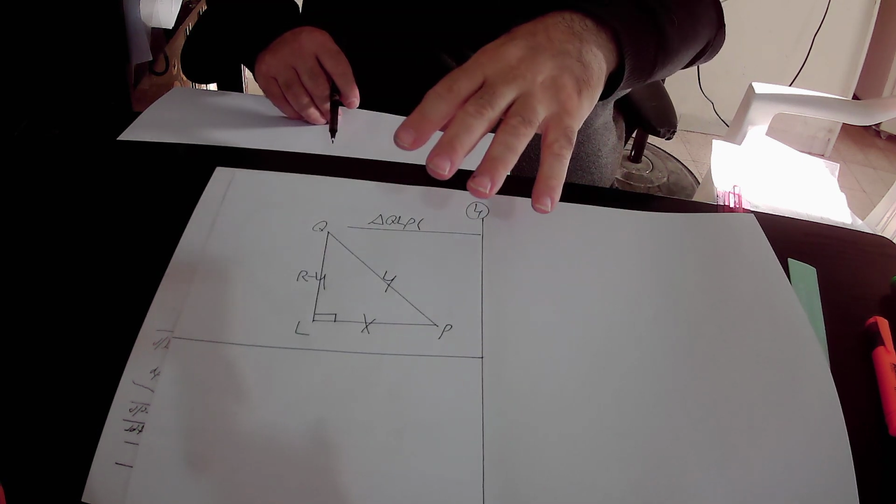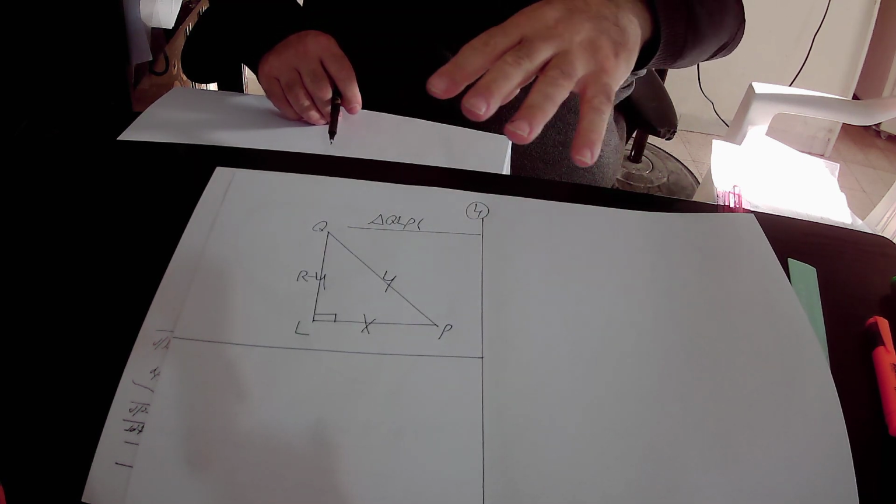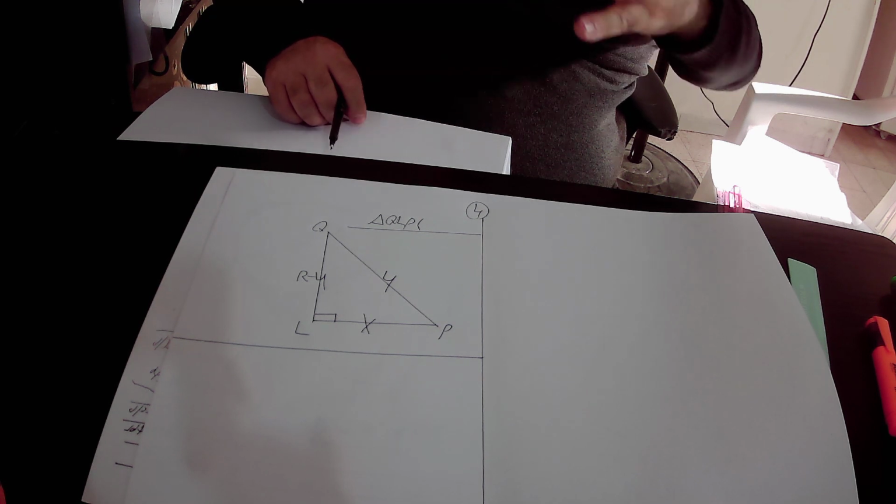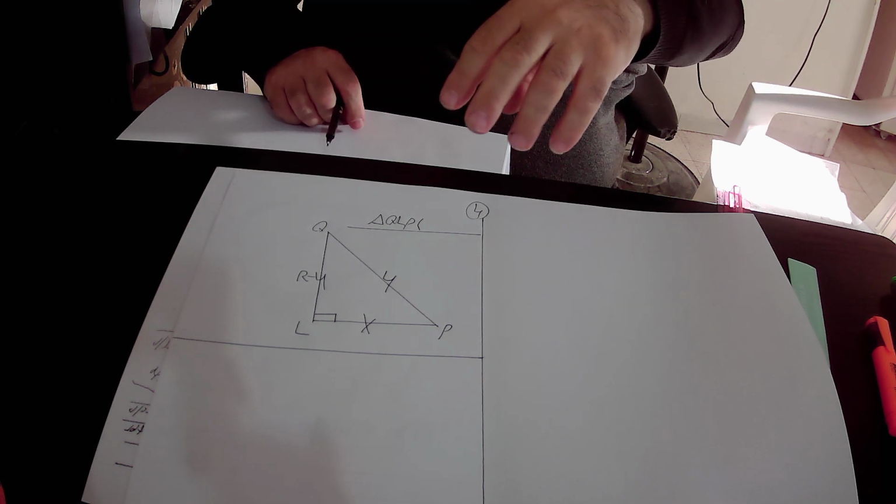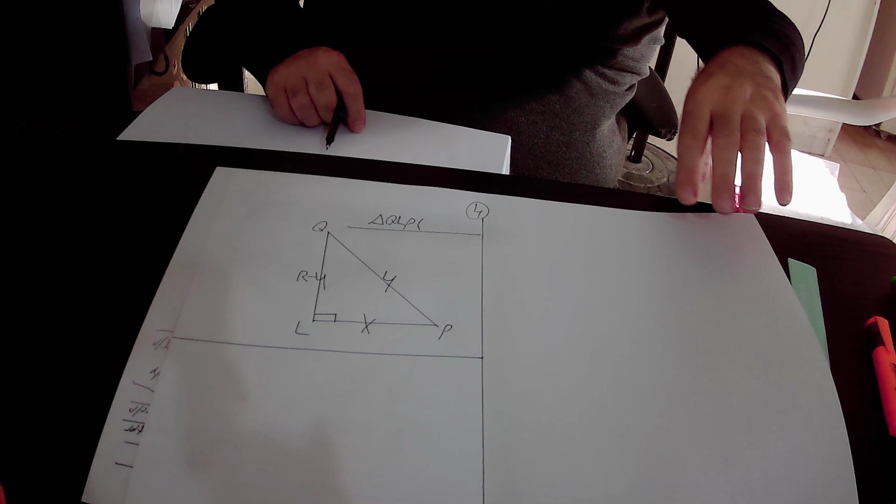So this is the right triangle QLP that I copied from the original drawing.